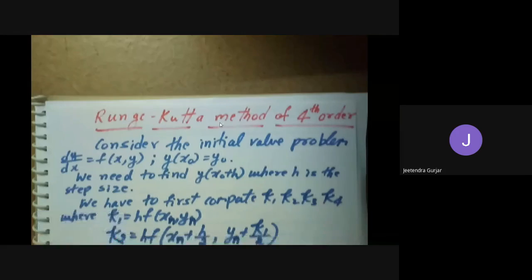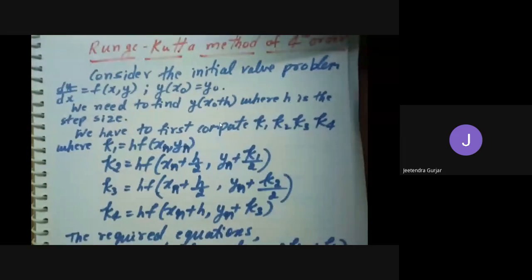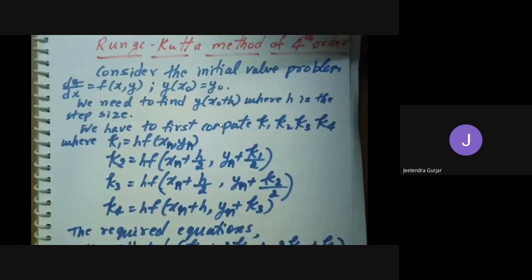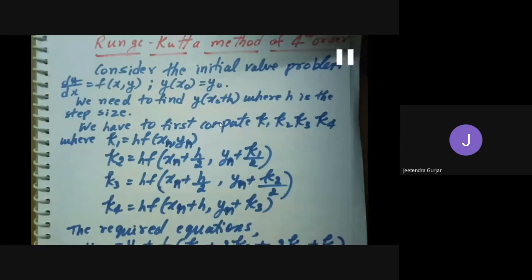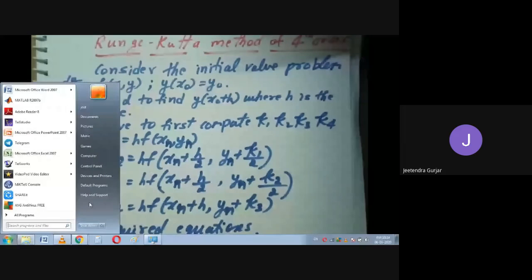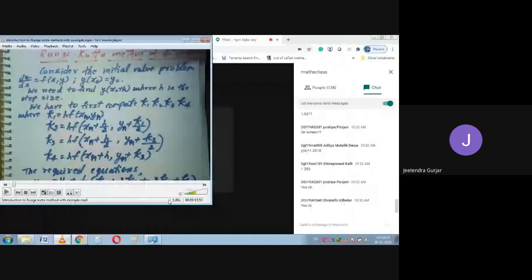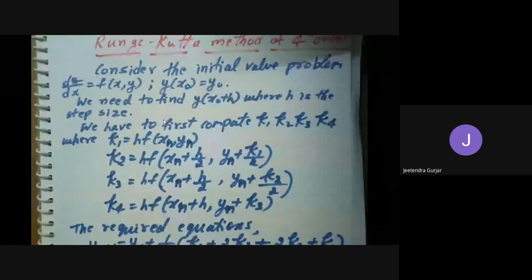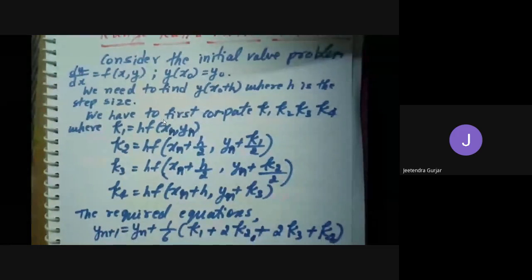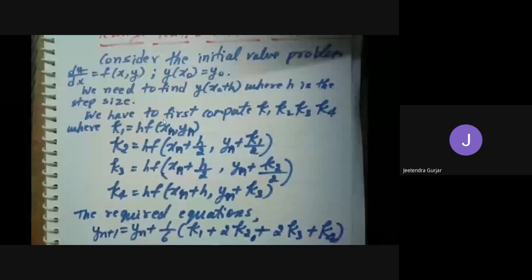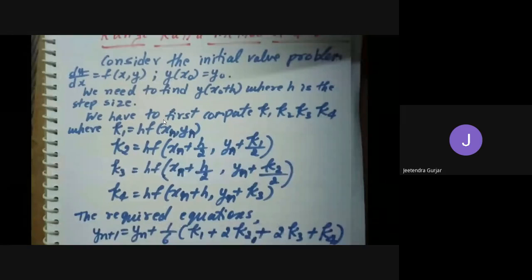Okay, consider the initial value problem dy by dx is equal to f of x comma y and y of x naught is equal to y naught. We need to find y of x naught plus h here.